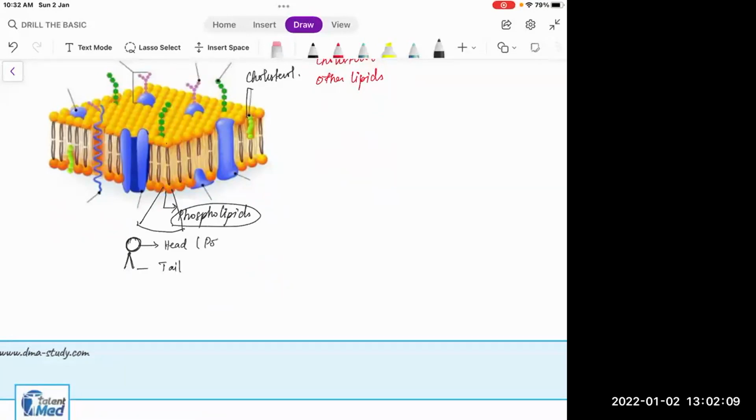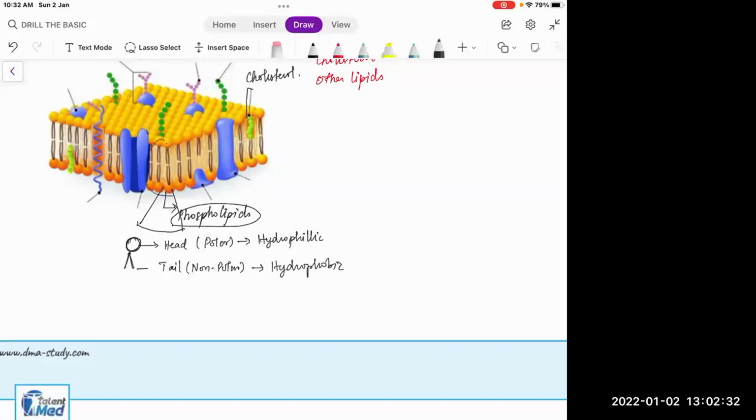This head portion is polar, in the sense that it is hydrophilic, which has affinity with the water. Whereas the tail portion is non-polar, where it is hydrophobic, which is having fear of the water.